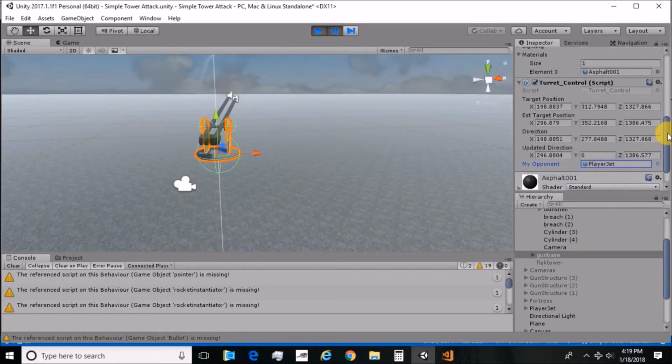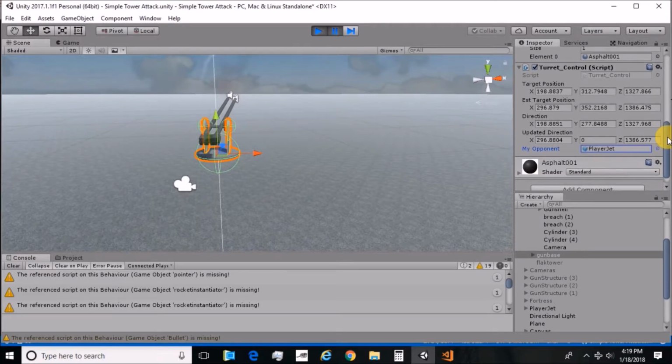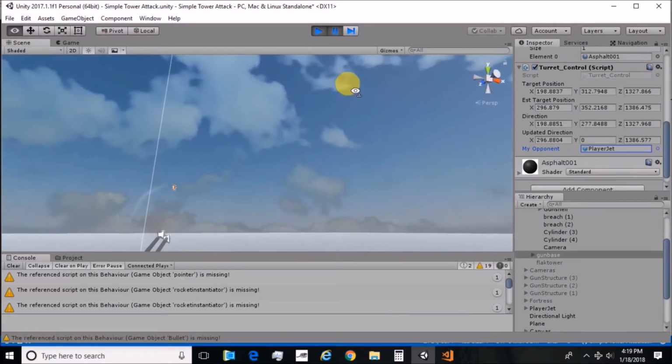And the reason that I've made these public, well, there's actually two reasons. One of them is so that I can view them in the inspector and ascertain, yes, we've acquired the target, the player jet, at runtime. And I can also look at the target position and verify that against the actual position in the world space of where the player jet is at this moment.